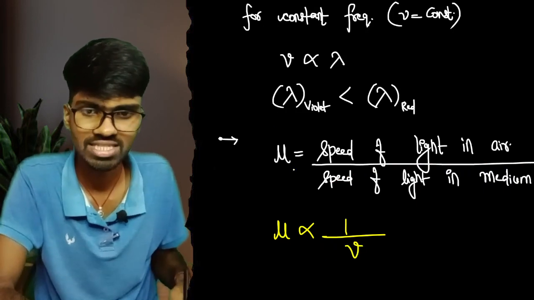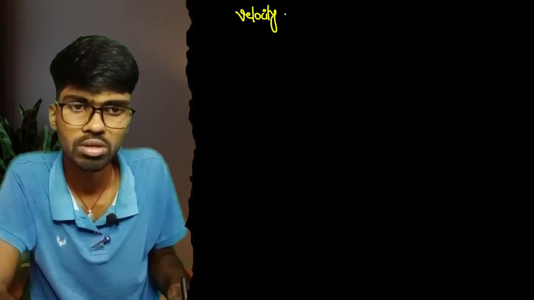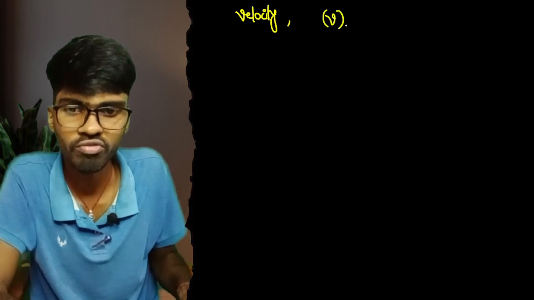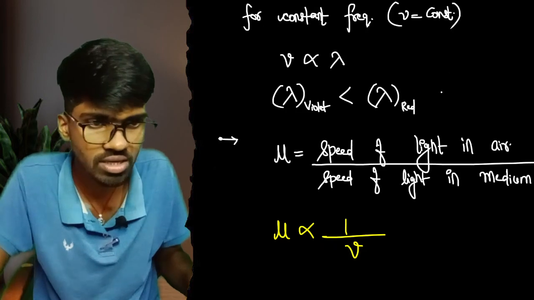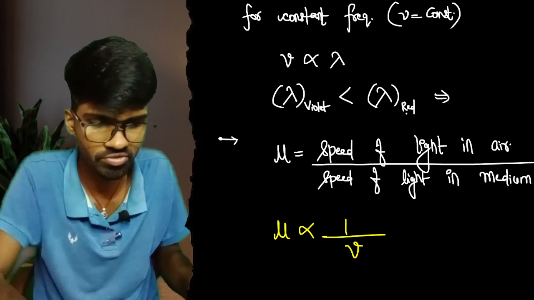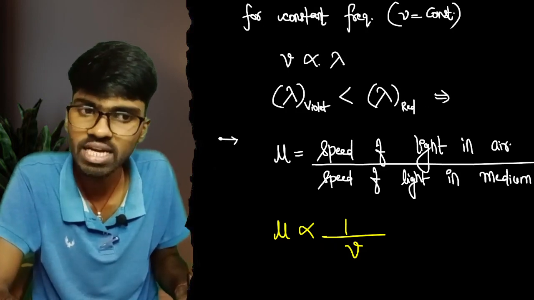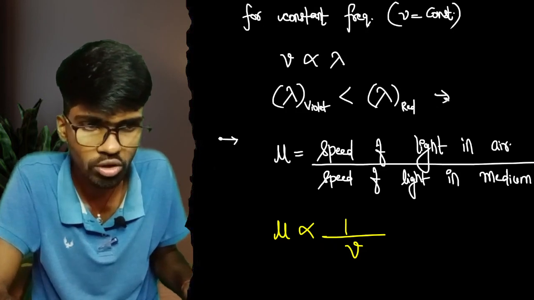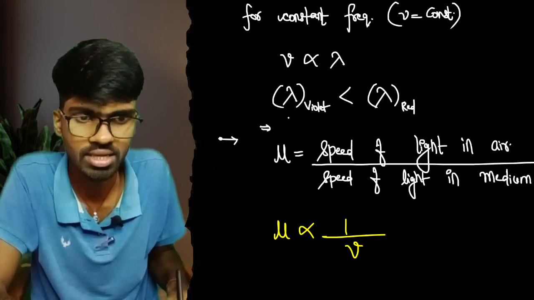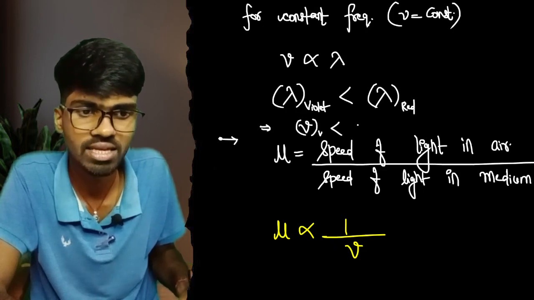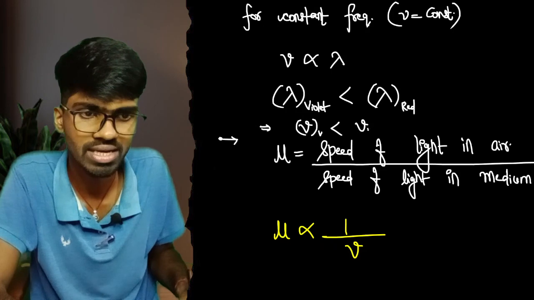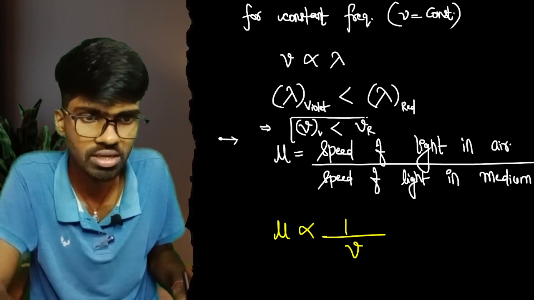Now what we have discussed is that, since velocity directly depends on wavelength, the velocity of violet will be less than the velocity of red. This is the key point.